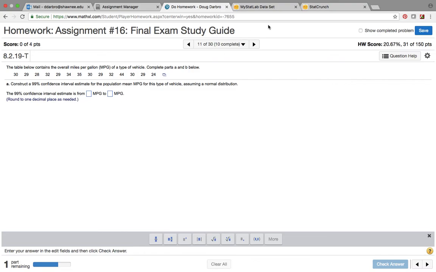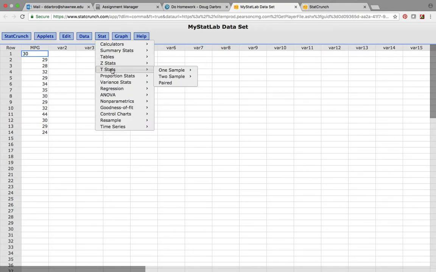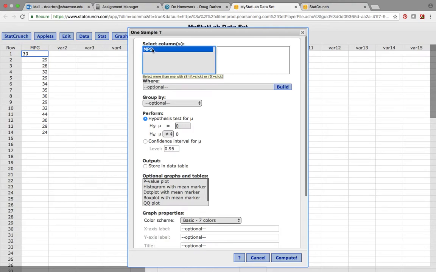So when we do our 99% confidence interval, I'm going to open this up in StatCrunch, and I'm going to go to Stat, T Stat, again because the population standard deviation isn't given, one sample with data. All right, so I'm going to select this.